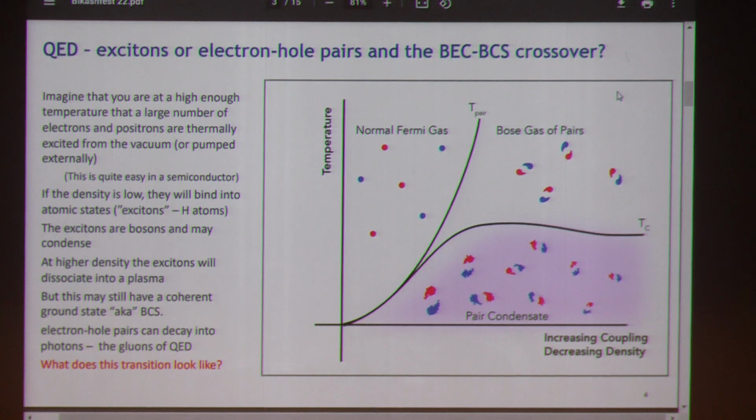And this is just a bound electron hole pair. And those electron hole pairs will look like a composite boson, and they might well be expected to condense at low temperature in a pair condensate, which is drawn in the bottom part of that figure.